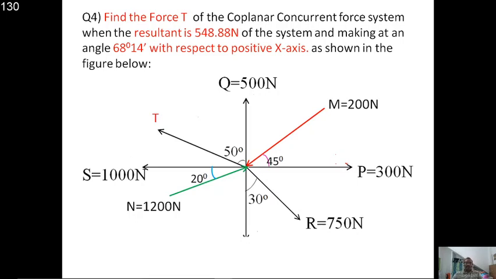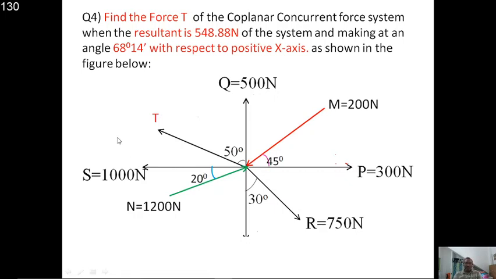For single unknown problems, it is convenient to use the tan theta formula. It is easy to solve, because in R you need square roots and everything, so it takes more time. So you use the tan theta formula, right?